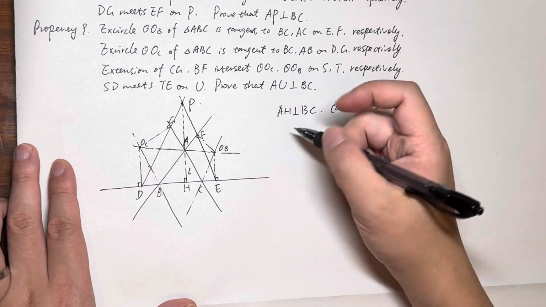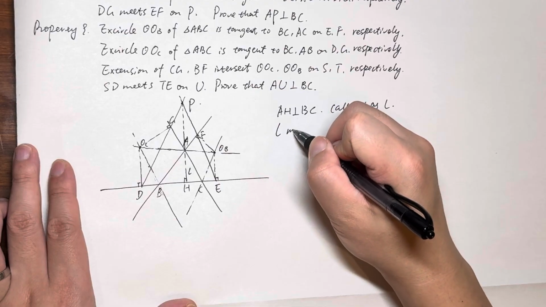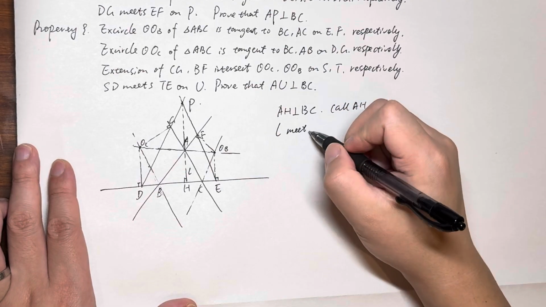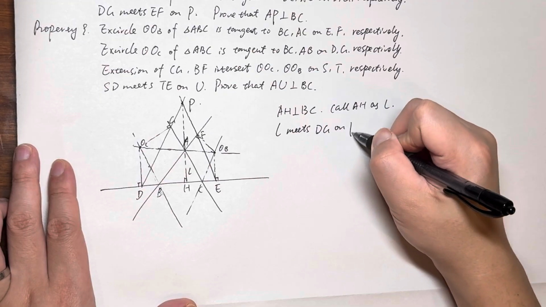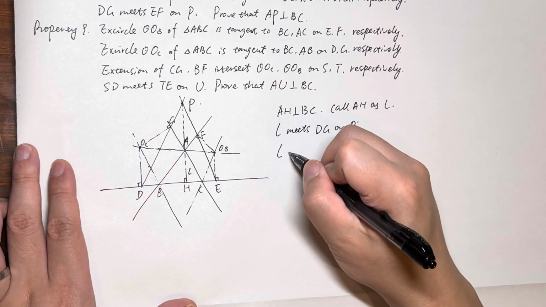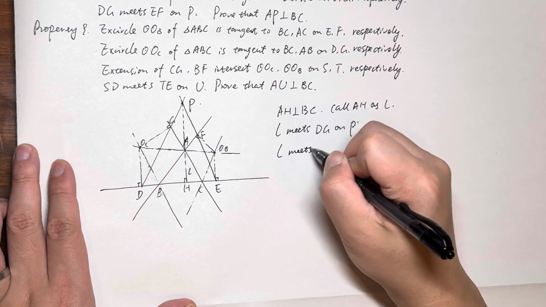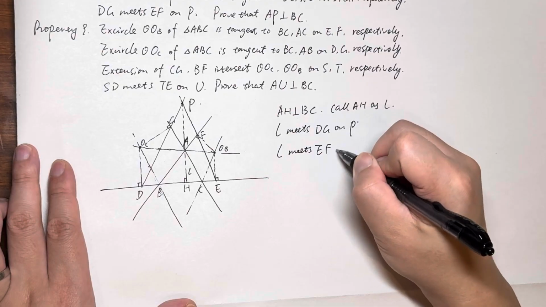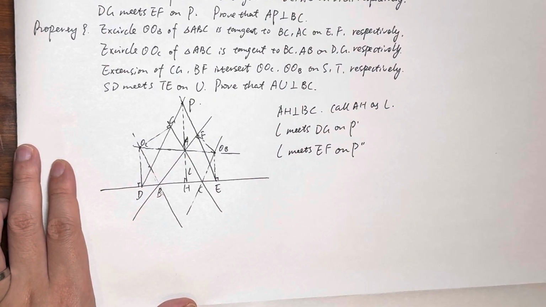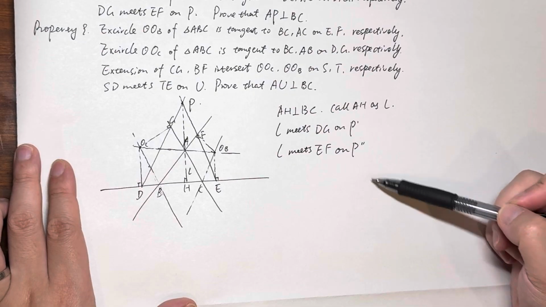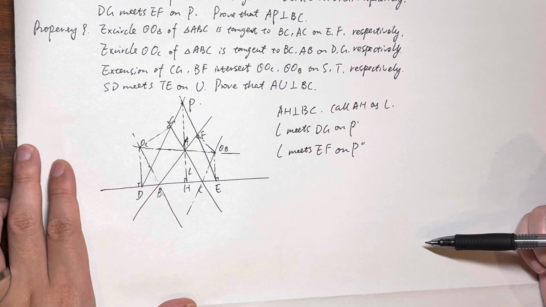Let's say this line L meets DG at P prime, and line L meets EF at P double prime. We just need to prove that P prime is the same point as P double prime.